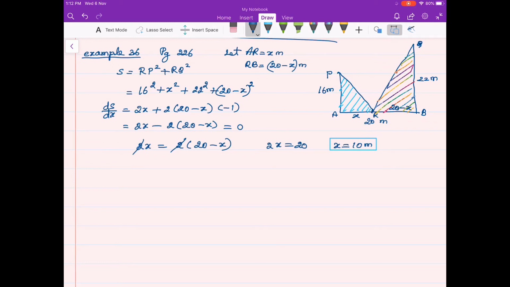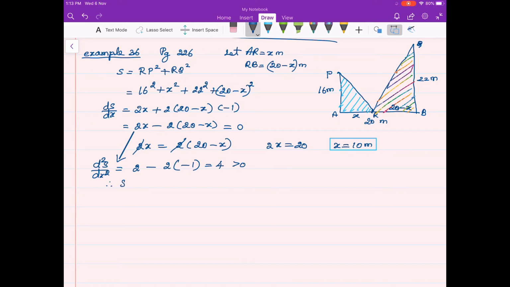Second derivative test, d square s over dx square is equal to, we are differentiating this step, 2 into 1 minus 2 times minus 1. Minus and minus will become plus, which is positive.